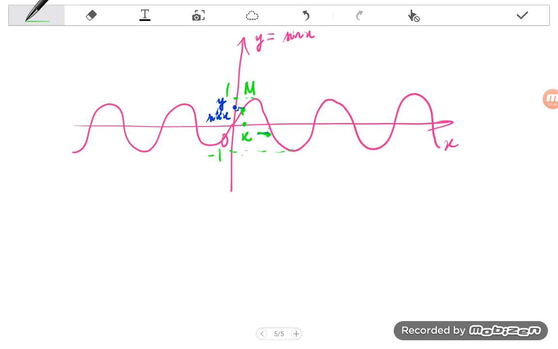On this axis, this is minus 1, this is 1 and this is 0. When M moves along the graph, first y will move from 0 to 1.